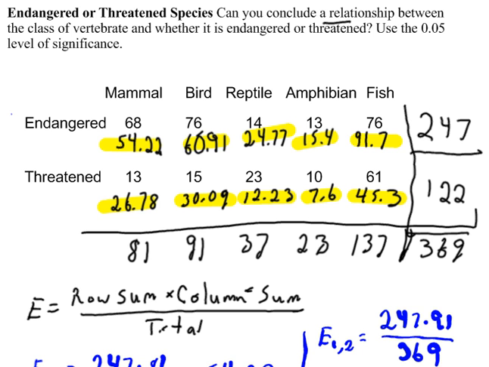One thing you should notice is that every column will add up to the value below, and every row will add up along the side. Those expected values will add up just as well.